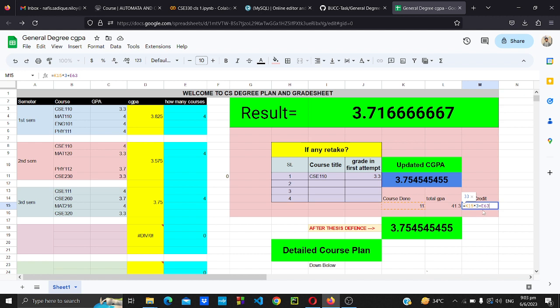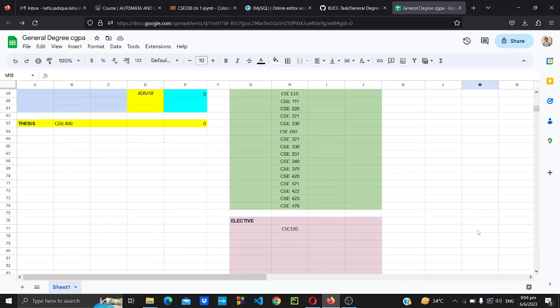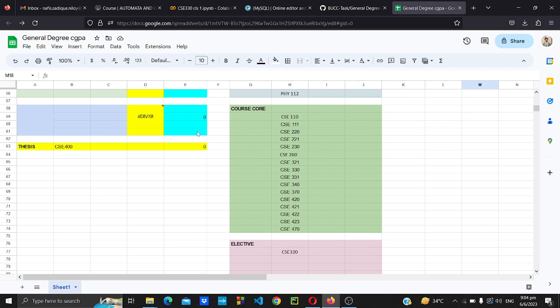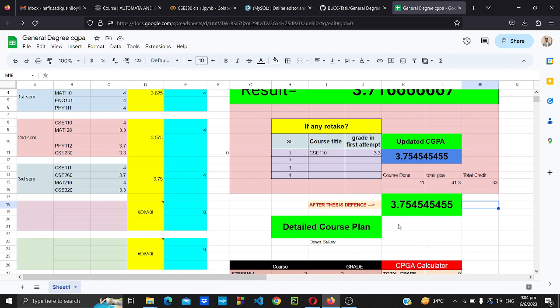And we have given that E63, right? What is E63? Here we can see that E63 is the credit of the thesis. I mean, we have a thesis calculator here, which is just adding the extra amount of courses after the thesis, that is the credit.